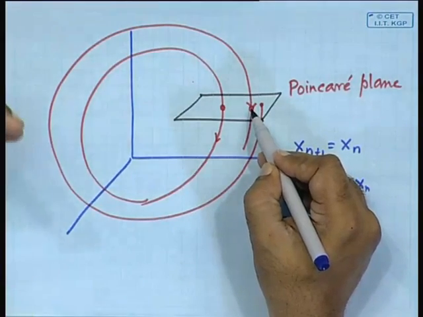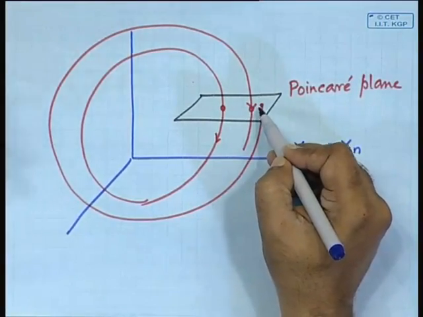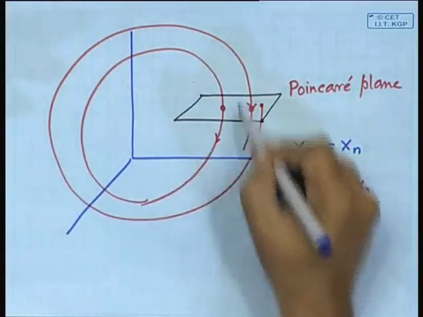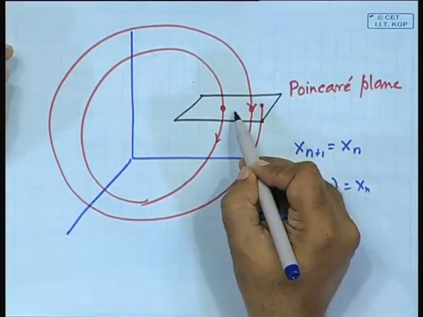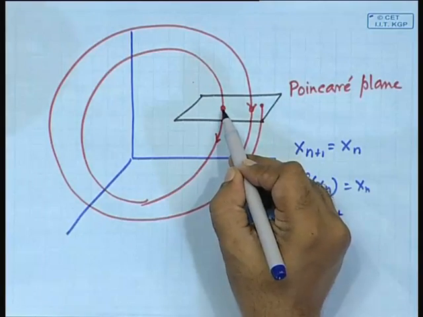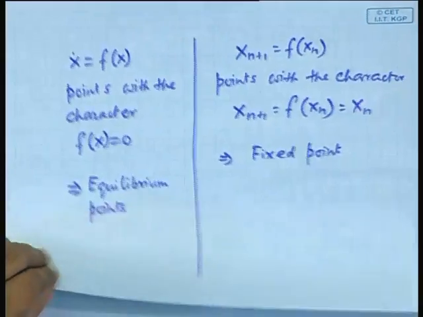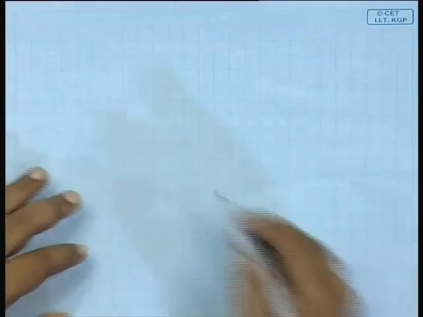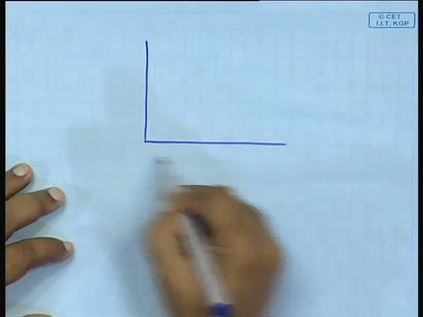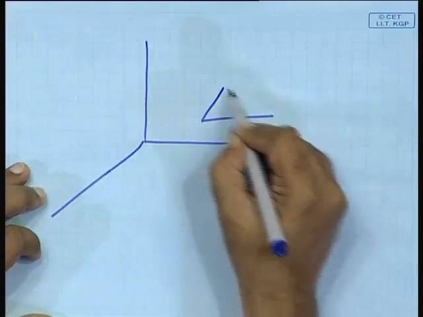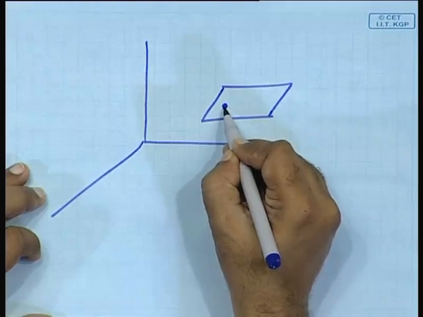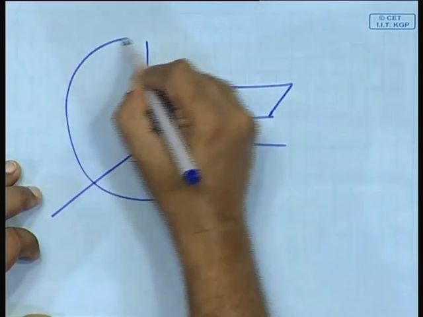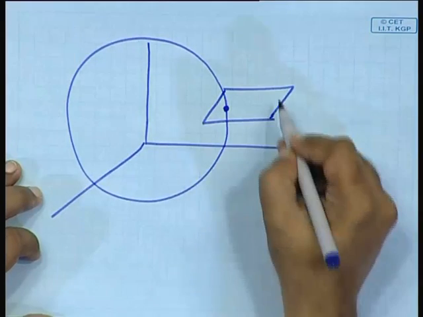But then you can imagine that you will go on seeing this orbit and how it pierces. How will it pierce if this fixed point is stable? Imagine you have a Poincare plane in which you have started from a point, and suppose this is the ultimate limit cycle, but you have started from this point.